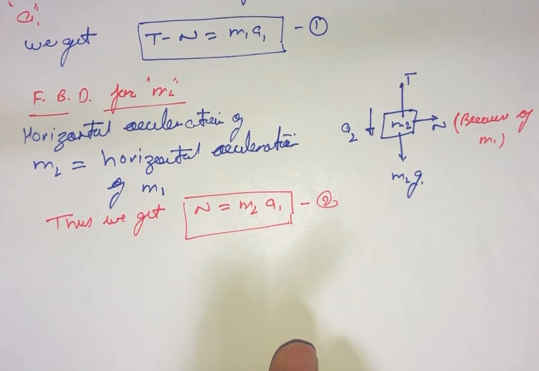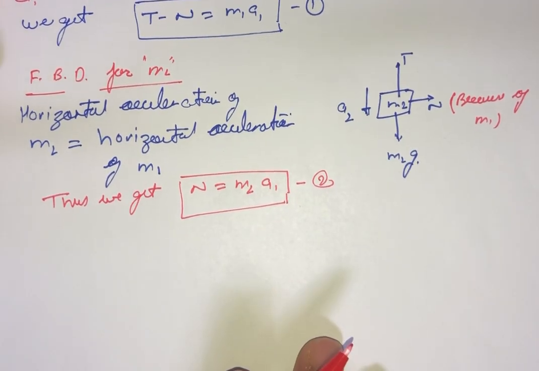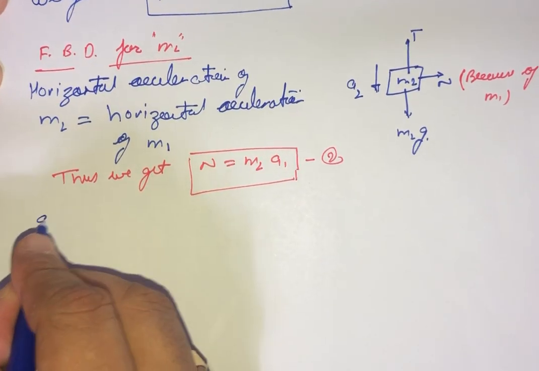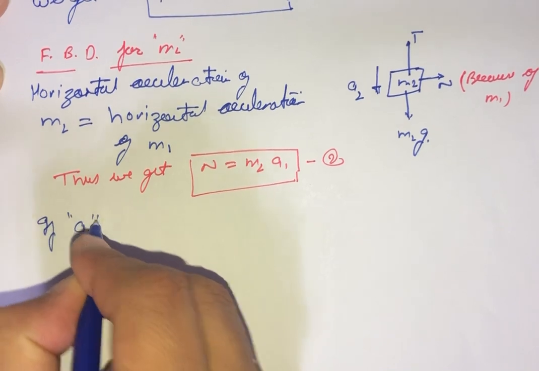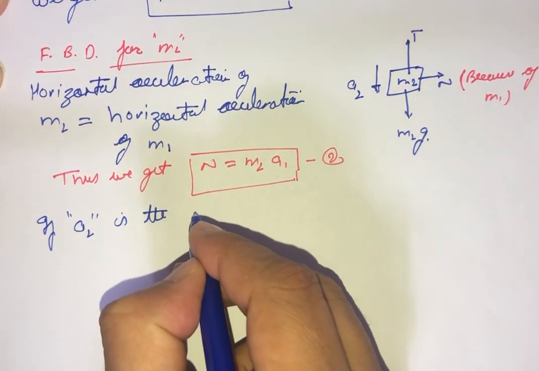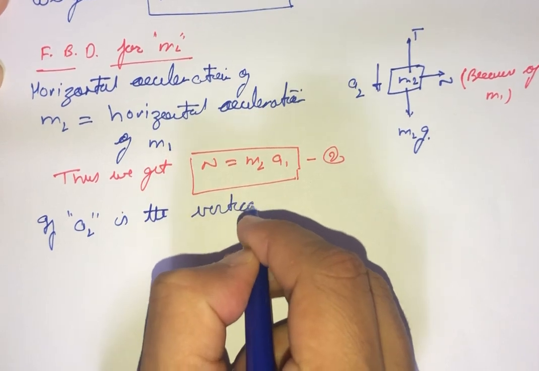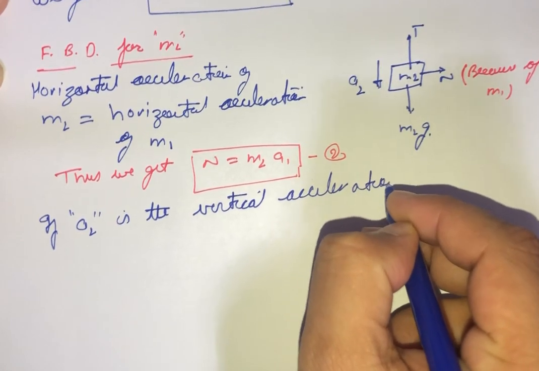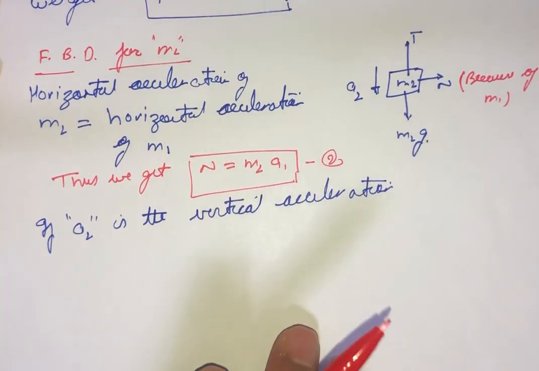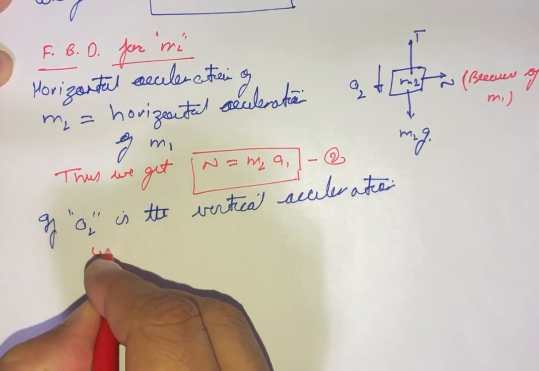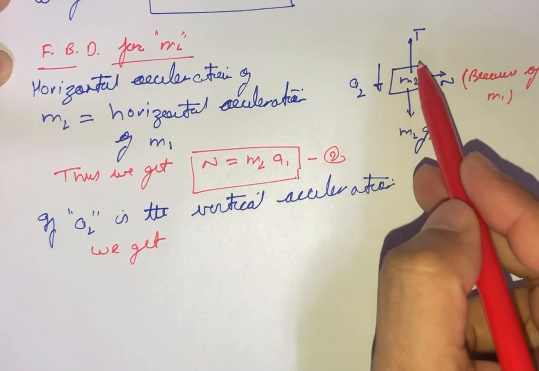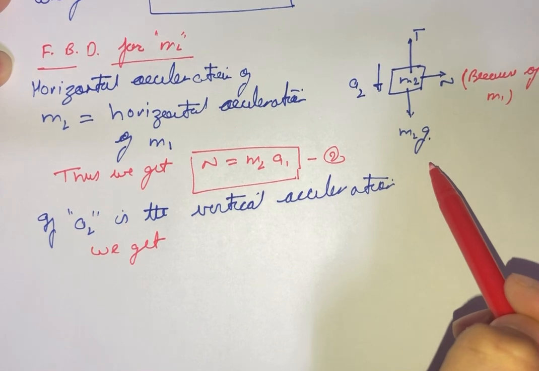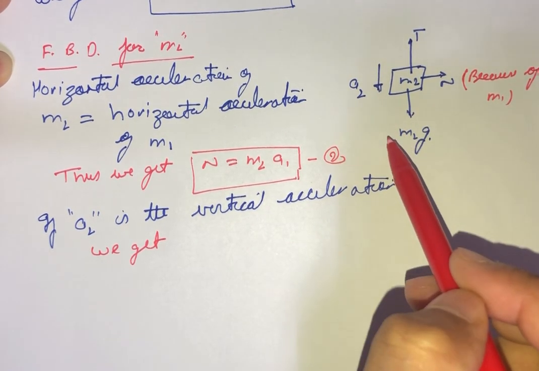And if a2 is the vertical acceleration, okay, so in vertical direction we have T tension in the upper direction, m2g in downward direction, and acceleration a2 also in the downward direction.